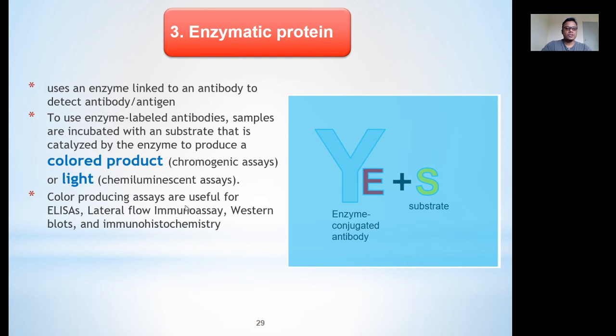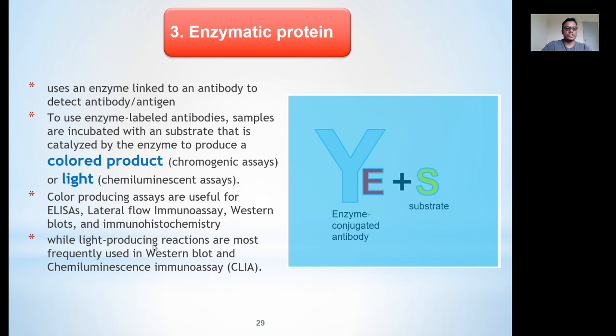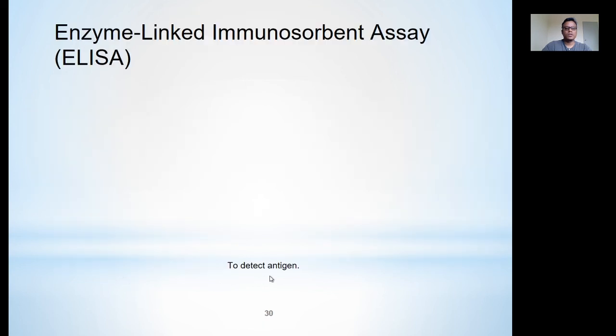In color production, they are used in ELISAs, lateral flow immunoassay, Western blots, etc. While light production is commonly used in Western blot and also in many analyzers in the diagnostic lab in the form of chemiluminescent immunoassays. So first, we briefly look at how the enzyme-linked immunosorbent assay or ELISA is used to detect the antigen.